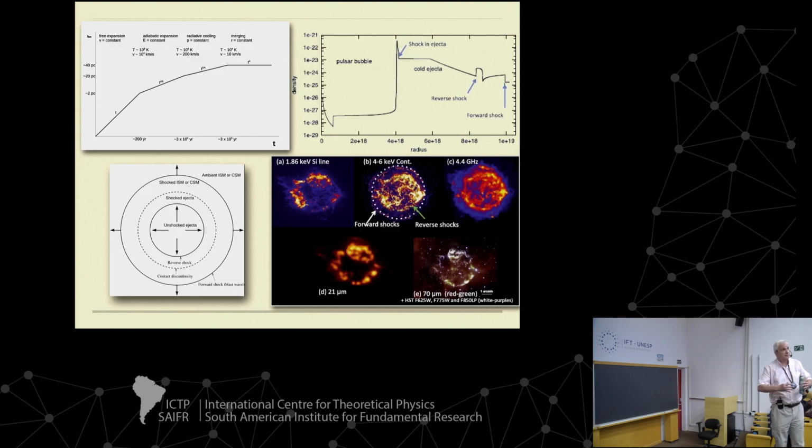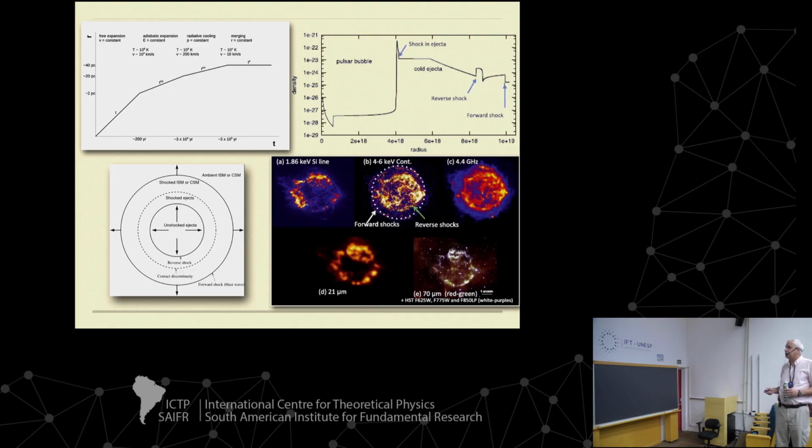So the pulsar produces this wind we have mentioned, and this wind creates a bubble, an almost empty region at the core of the supernova remnant. And then we have the peak of the ejecta in the density, then the cold ejecta, the reverse shock, and the forward shock.